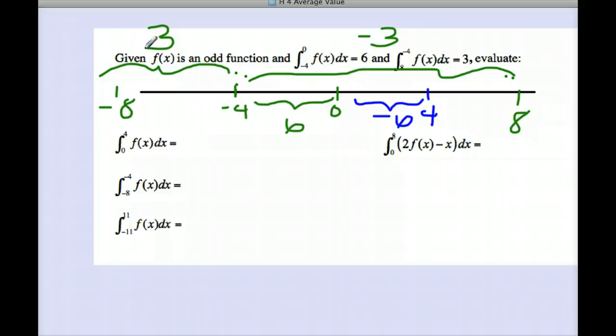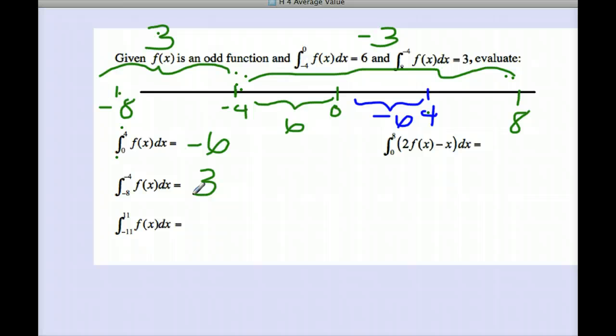Okay? So let's go ahead and start filling in these numbers. When I go from 0 to 4, I see 0 to 4 has to be a -6, right? If I go from -8 to -4, since we're using symmetry, we see that this is a +3.